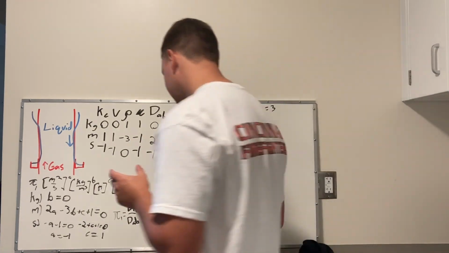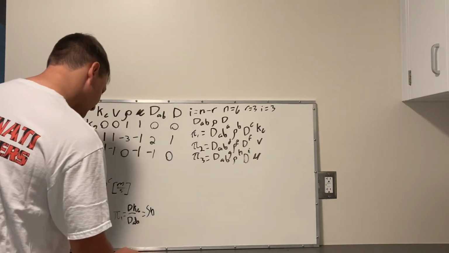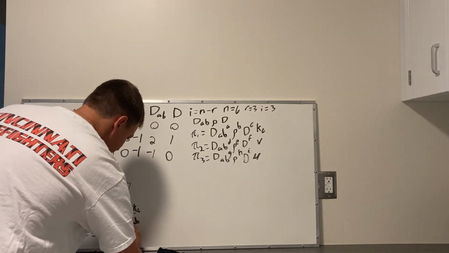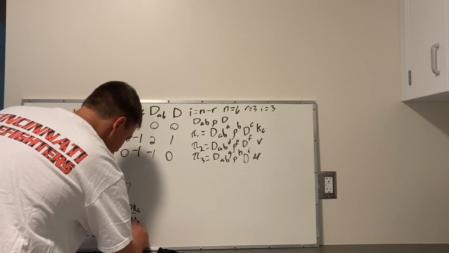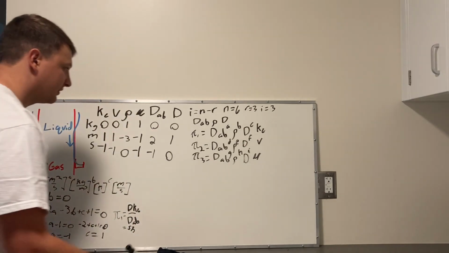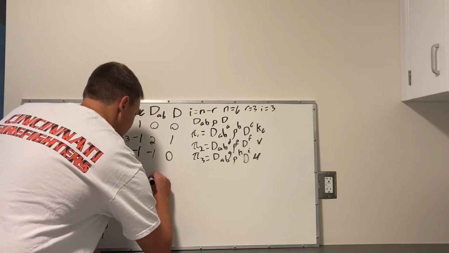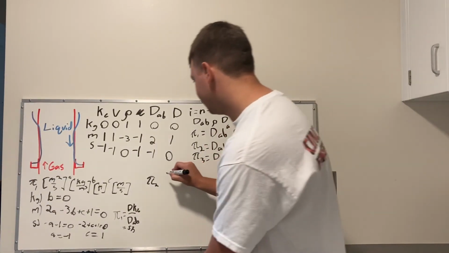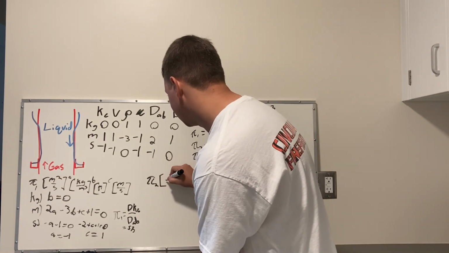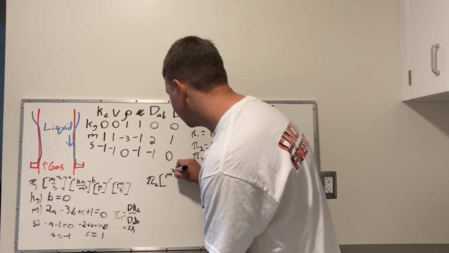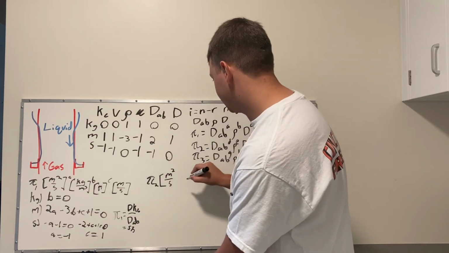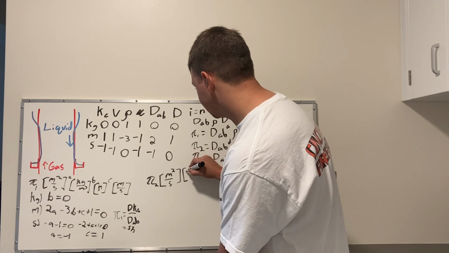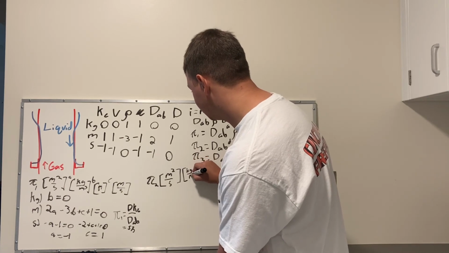All right, I'm going to move that so we have our space. So then our pi 2 group, we're going to do the same thing, same variables. We have our meters squared per second for mass diffusivity constant, our density, kilograms per meter cubed.